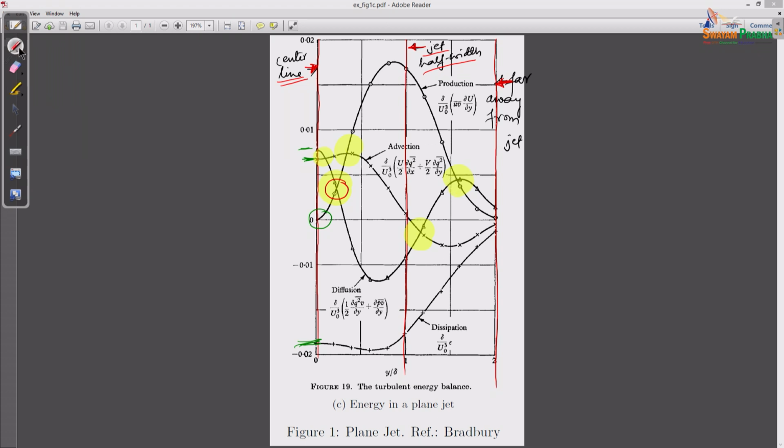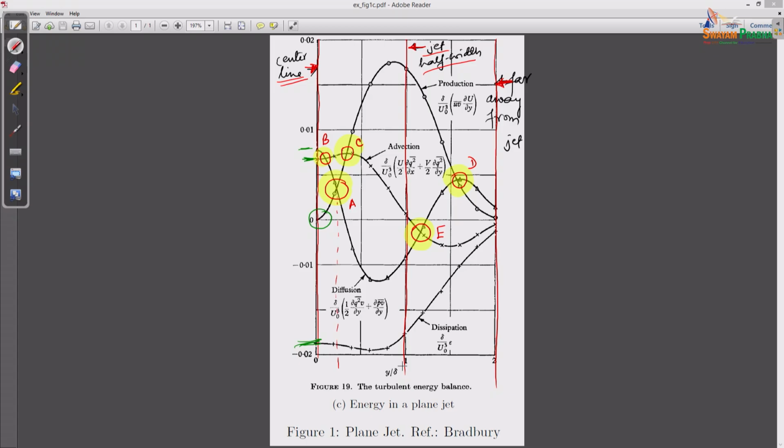Let's say these are points A, B, C, D, and E. Now at A, it is slightly away, between the center line and the jet half width.